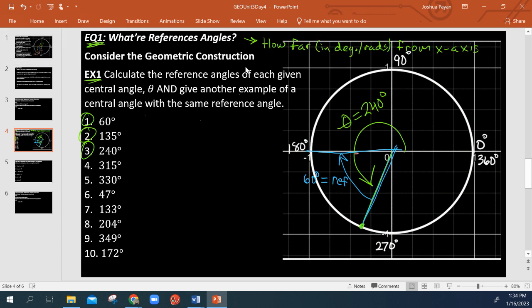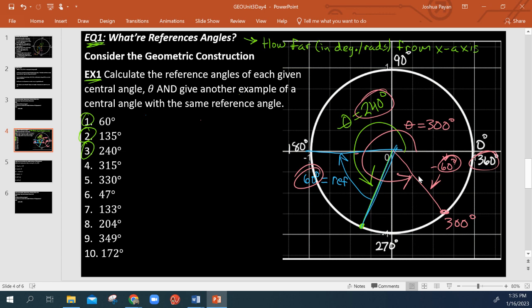Now what other angle has a reference angle of 60 degrees? Well, we could also say, whoops, I drew that horribly. We could also say, if we come back from 360 here, from the x-axis there, that 300 degrees also has the same reference angle as 240 because they both have this reference angle of 60 degrees.